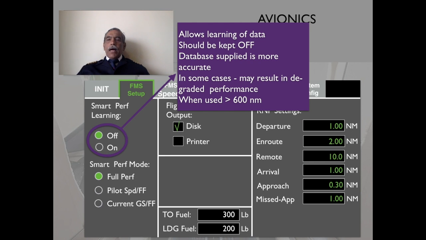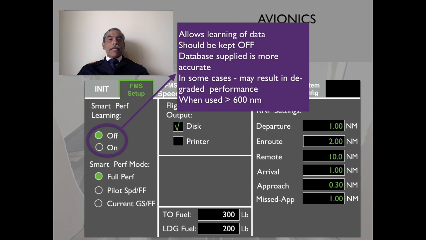But over a period of time, the manufacturers realized that the database supplied is much more accurate than the system-learned data. So in some cases, it was erratic.